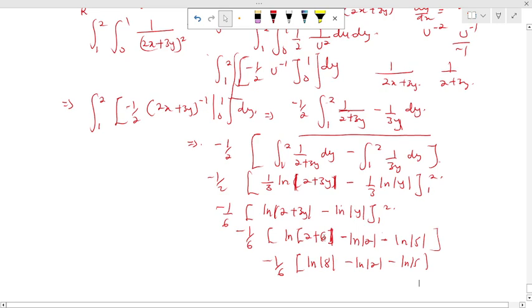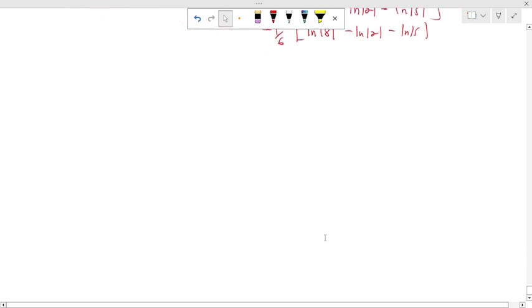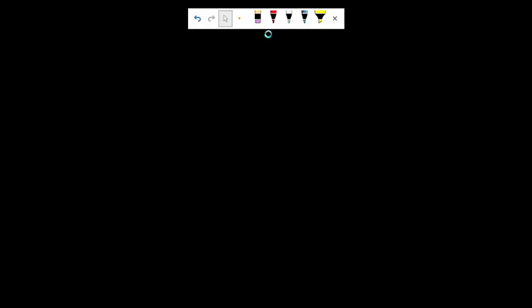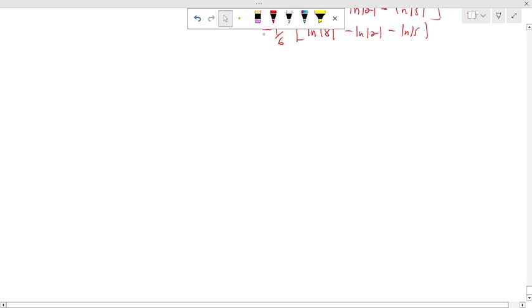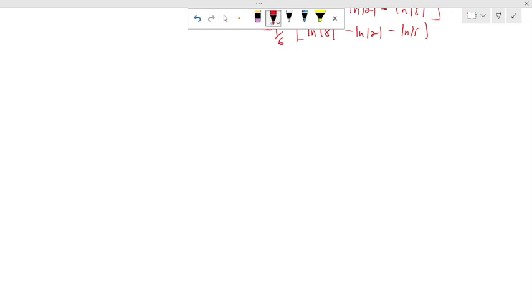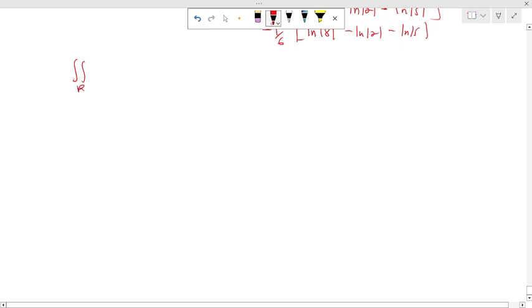We had a second part of the problem as well, and that was the double integral over a rectangular region of x e to the power xy dA. Here our region was given as R equals negative 1 comma 2 cross 0 comma 1, right?